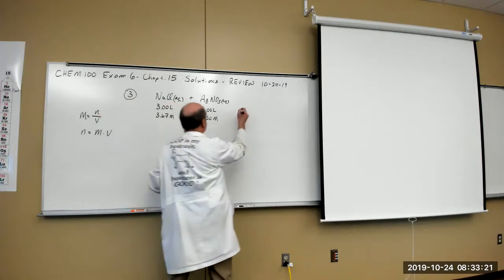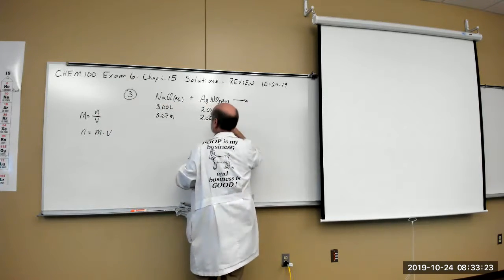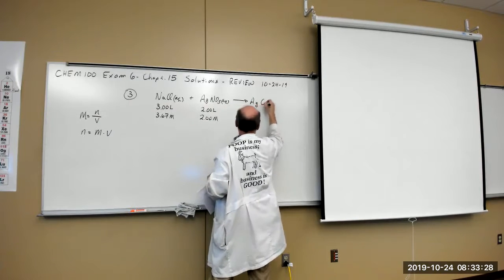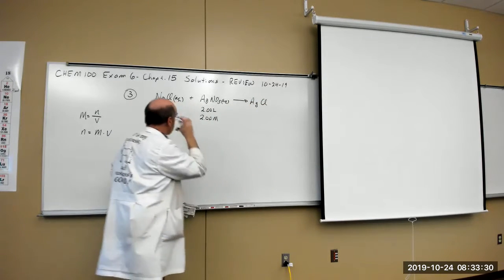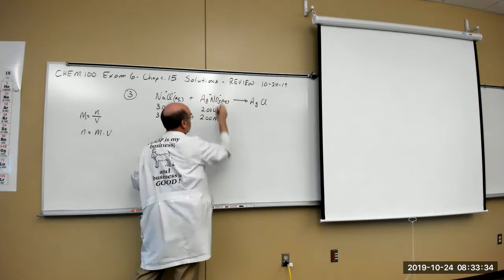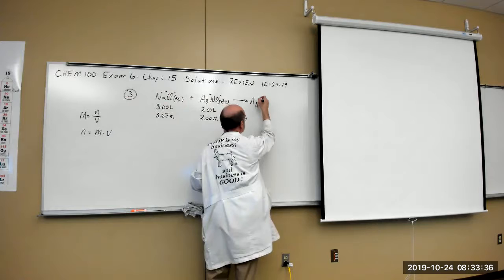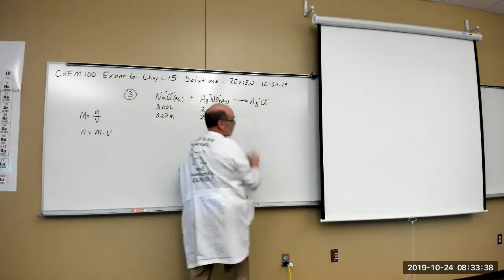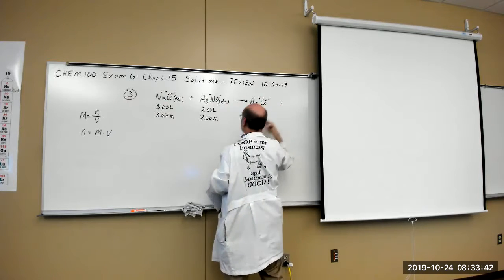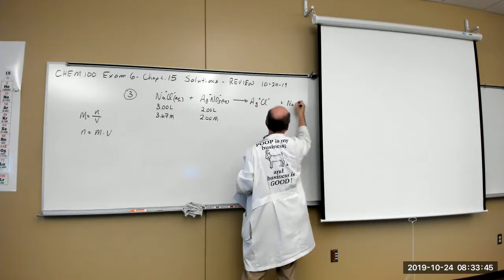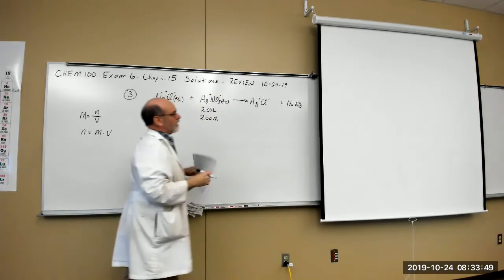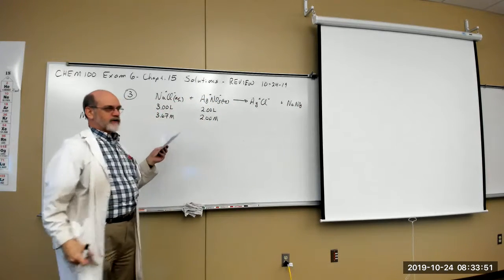So that's what you get on the product side. Say the silver interacts with the chloride, and we check our charges, right? That's 1 plus, 1 minus, like that. So that means this one and that one, that's correctly written. And then the other is sodium and nitrate together. So the question is, what happens?